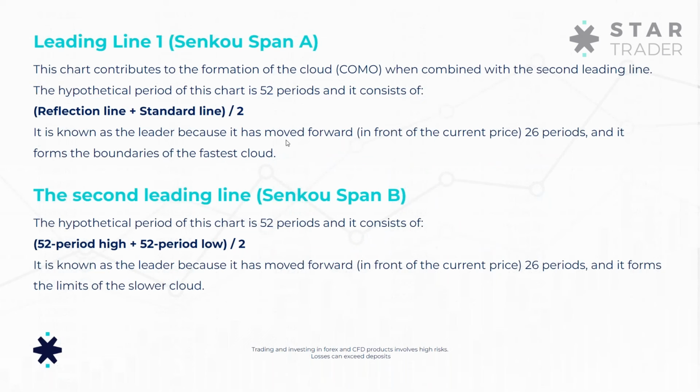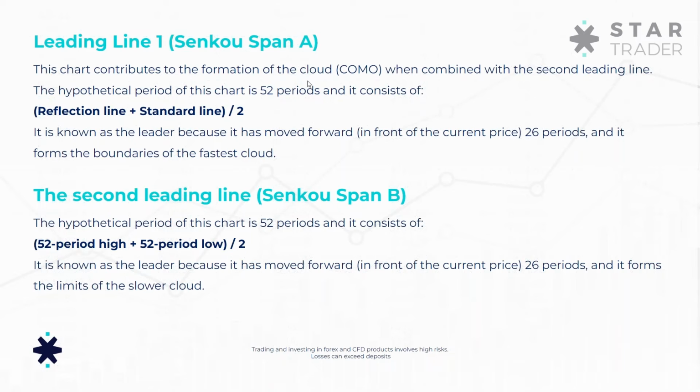So the leading line Senkou span A, as I have told you, leading lines A and B, span A and B, are always on the cloud. Okay, so let's have a look at span A, the Senkou span A. This line contributes to the formation of the cloud, Kumo.